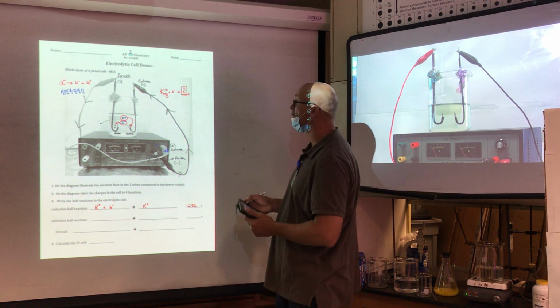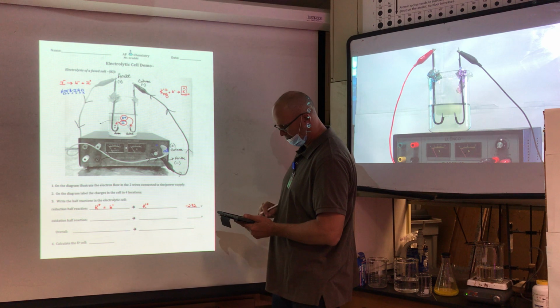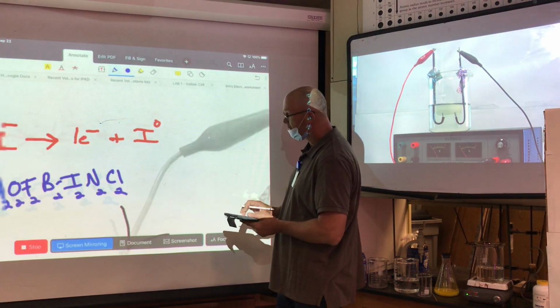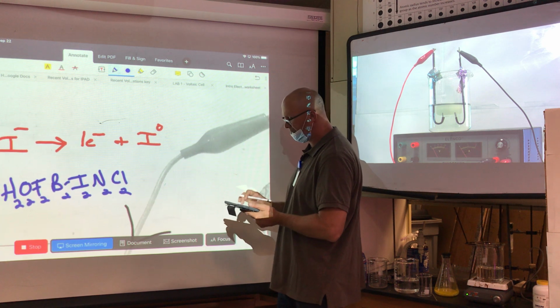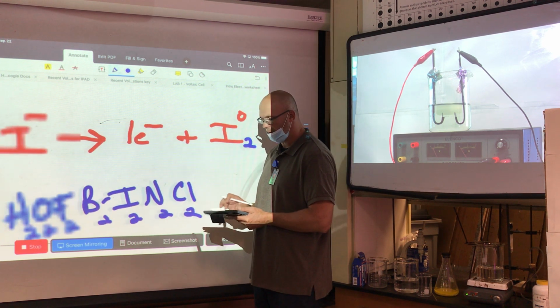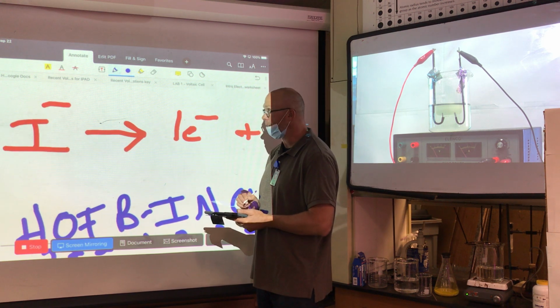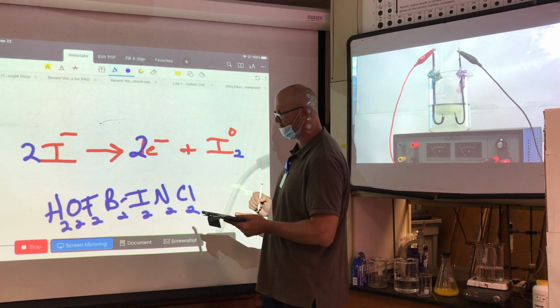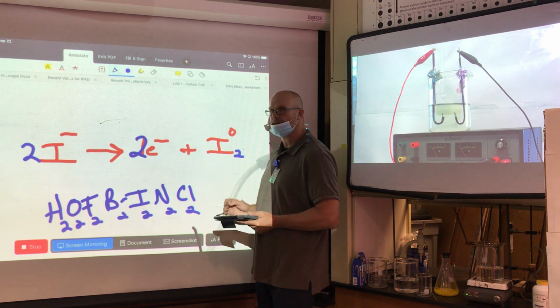So iodine likes to become I2, which means I need what? 2 of these, right? I multiply everything by 2. That's really the half reaction, because it loves to be a diatomic element.